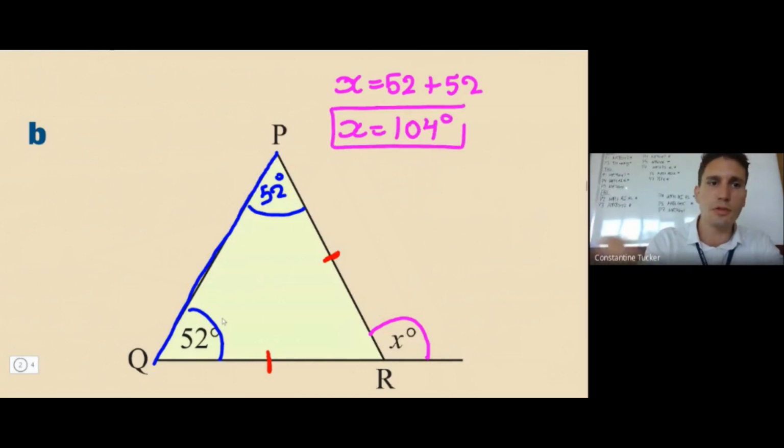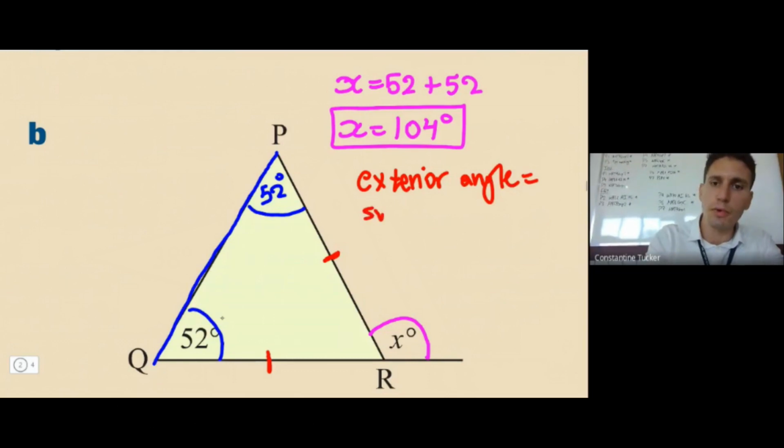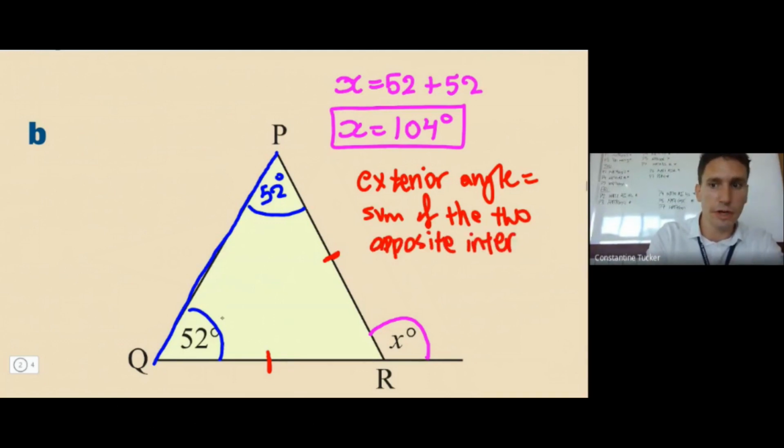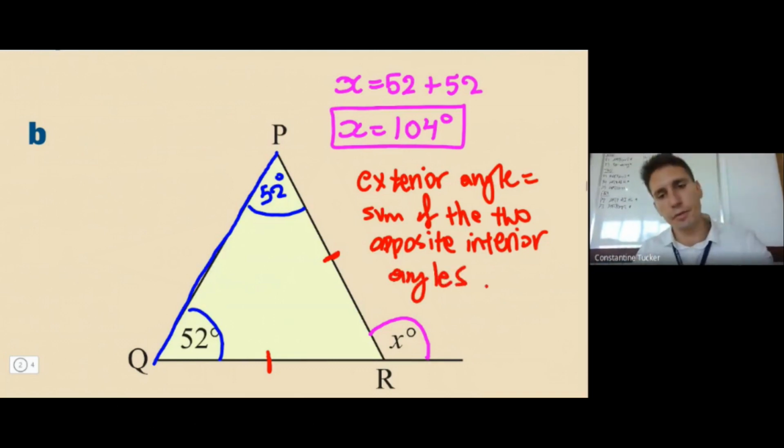So which property did we use here? We used the fact that the exterior angle is equal to the sum of the two opposite interior angles. So we've seen this before, actually. We've mentioned this in previous lessons, but something to keep in mind, and I do know some will forget, and that's fine.